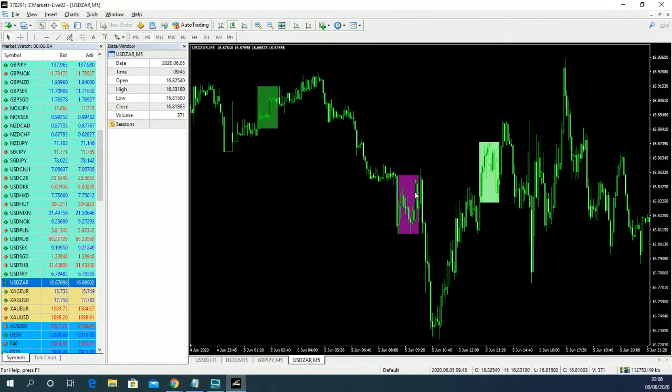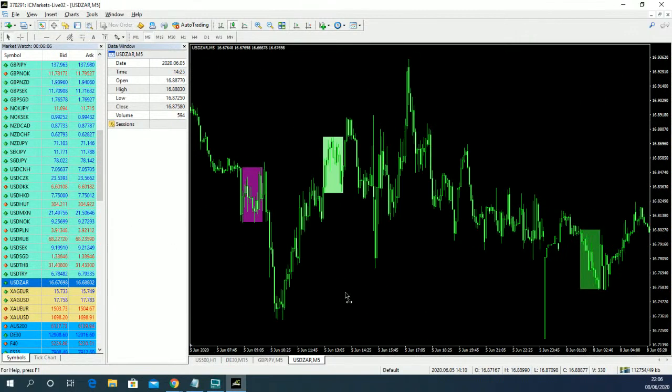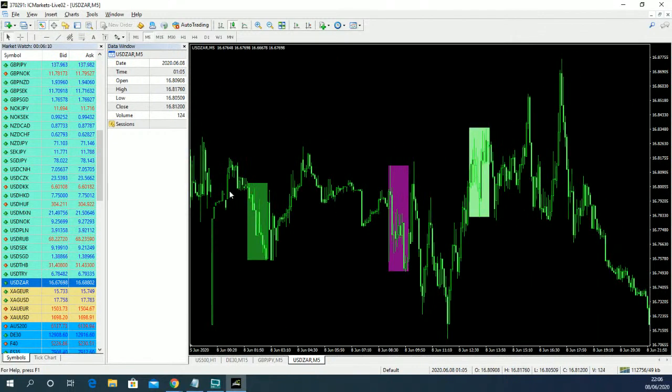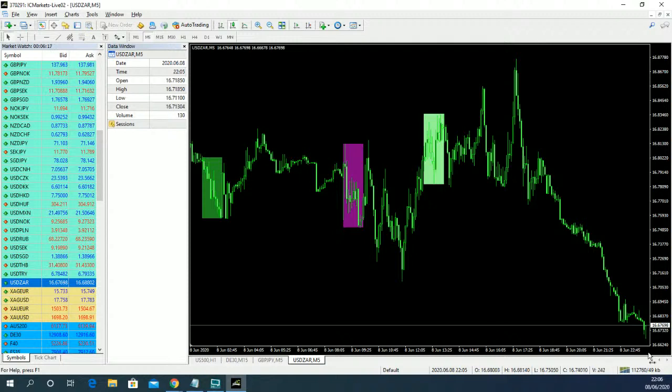This box is good. Go sell. That box is in the middle. That box is also in the middle. That box is good. You can go short from there. Up to now it is going down. Currently $1 US is 16.67 South African rand. It's not bad.